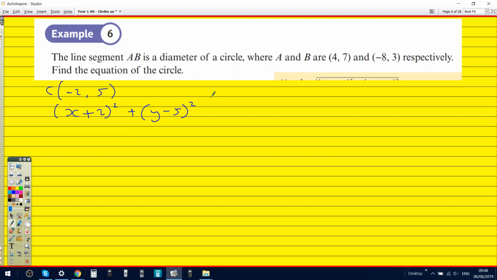The radius will be the distance from the center to the circle. Yes, I've got 6, 2, 6 and 2. But no, it's like a vector. Yeah. And so it's like 6 right, 2 up. Oh, right, okay.